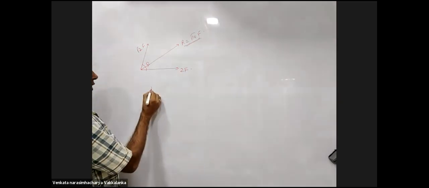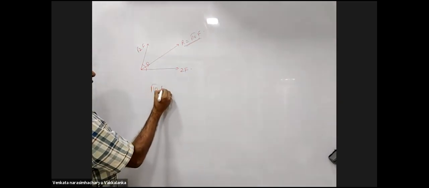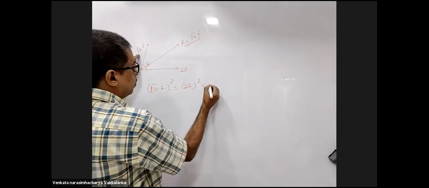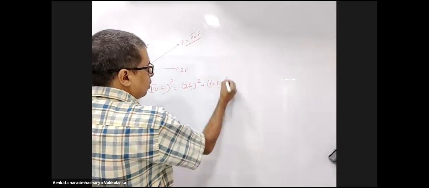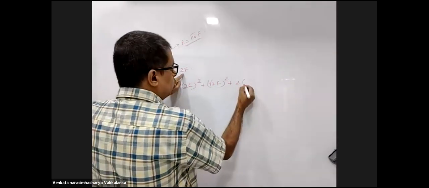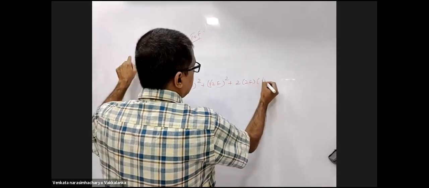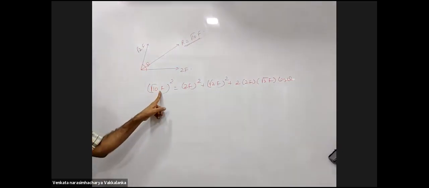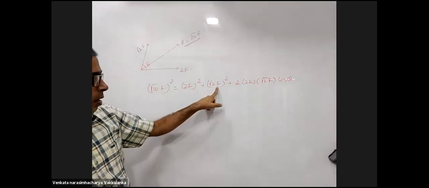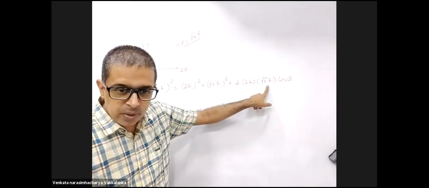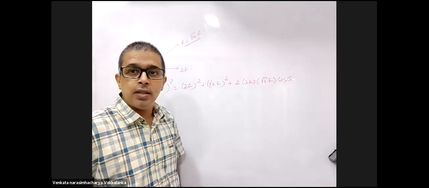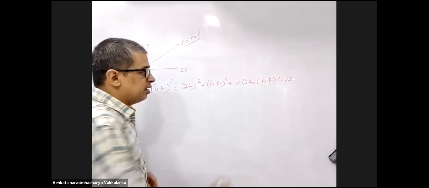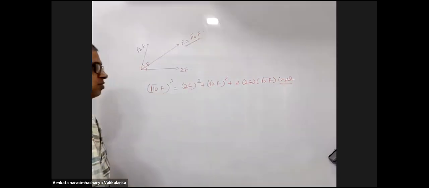Parallelogram law of addition. Resultant is root 10F, so (root 10 F) square is (2F) square plus (root 2 F) square plus 2 into 2F into root 2 times F into cos theta. Resultant square is a square plus b square plus 2ab cos theta, where theta is the angle between the two vectors.